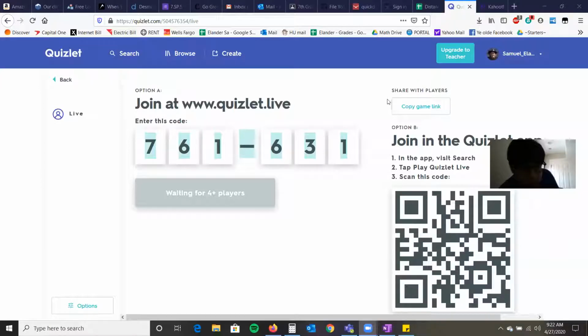So I'm going to give you a code, and I want you to go to Quizlet.live to enter this code. So let me share this with you. Okay, so here's the code.